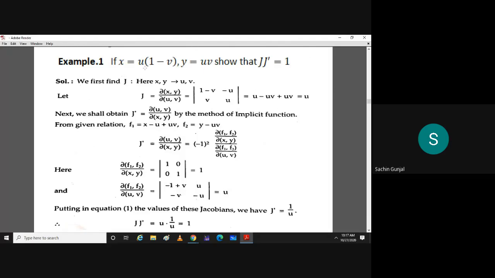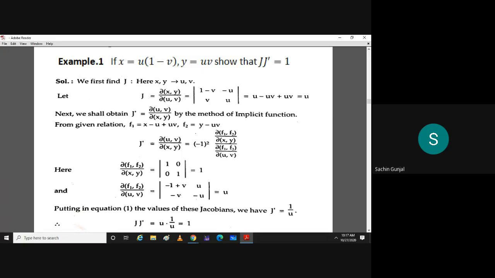So x is equal to u into (1 minus v), y is equal to uv. Then the question is, show that j into j dash is 1, where j is Jacobian of xy with respect to uv and j dash is Jacobian of uv with respect to xy. Now Jacobian of xy with respect to uv is easy to calculate because x and y are explicit functions of uv.